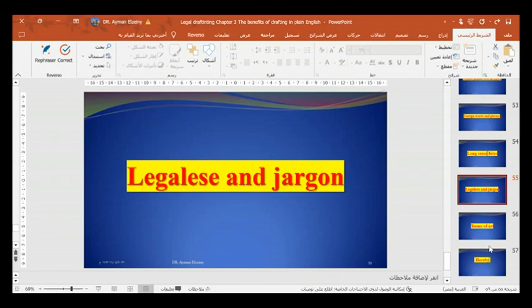Consider the following abstract form of letter from one lawyer to another, not one lawyer to his or her client. Let us read such an extract.